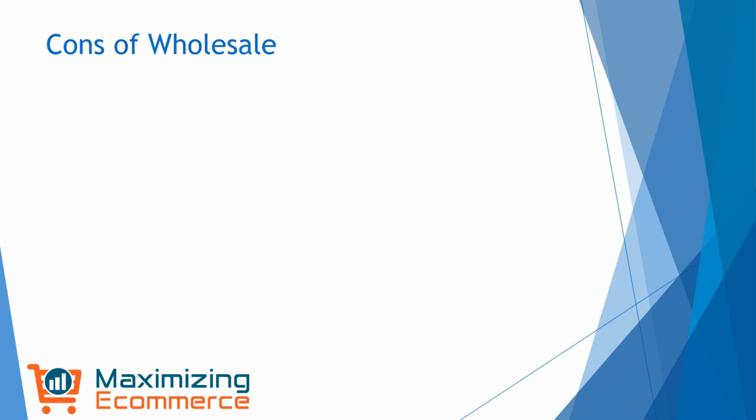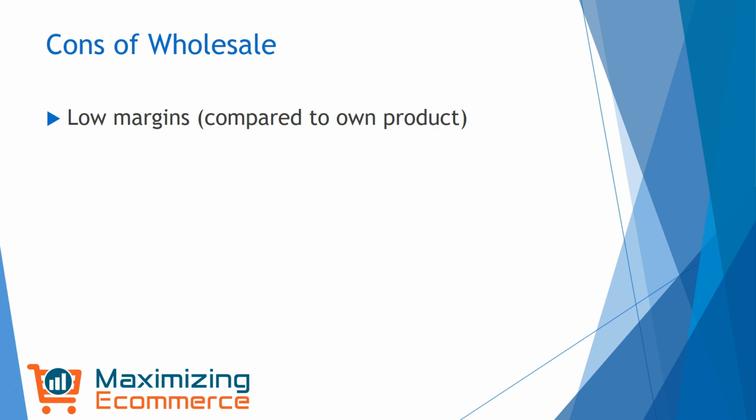And some of the cons of the wholesale model are the margins can be lower than having your own product, because you're essentially the middleman. So every step in that process, as someone else is selling the product, it cuts into the overall margin, because it's not like the customer is going to pay more for the same product just because there's a middleman.